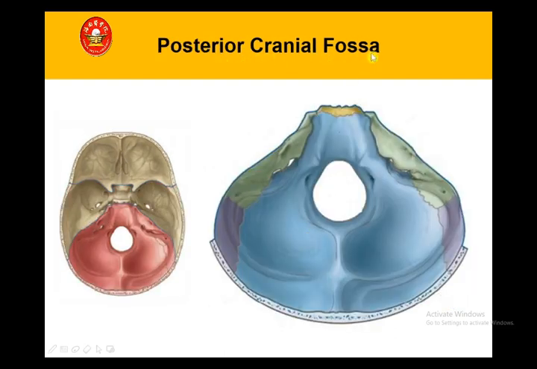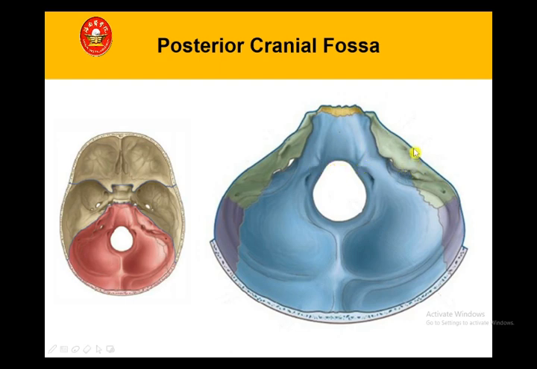Posterior cranial fossa. In the posterior cranial fossa, we can see a small part of the sphenoidal bone, the occipital bone, and a little part of the temporal and the parietal. We can see this sloping part, which we call the clivus. On both sides we have the jugular tubercle.